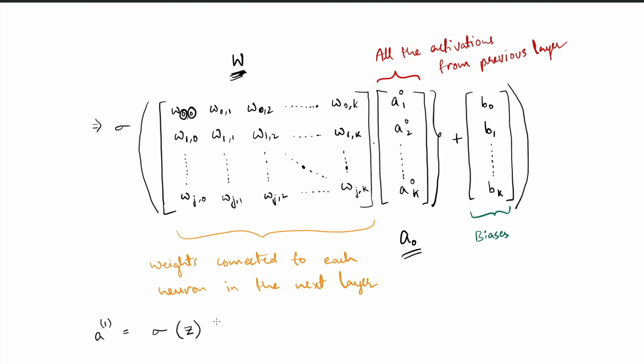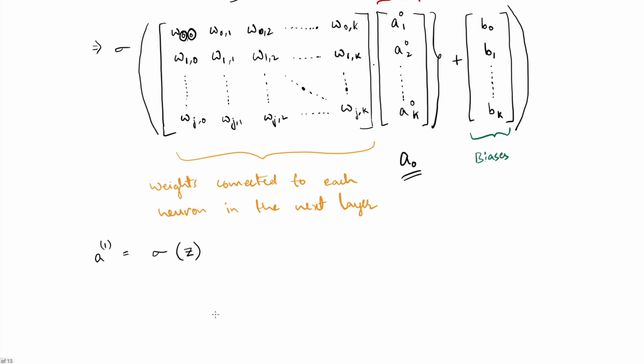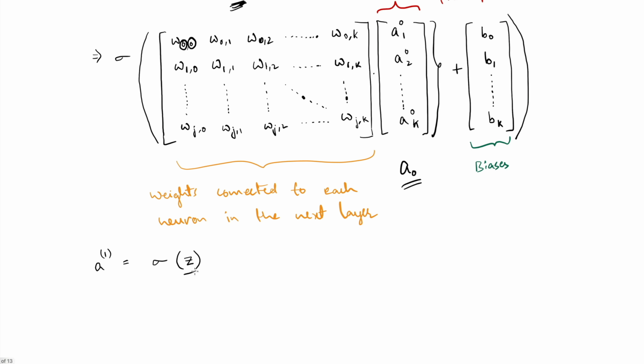And finally, we wrap the entire thing with a sigmoid function, and we apply this function on the resultant matrix. From this we get a matrix of all the activations in the second layer.